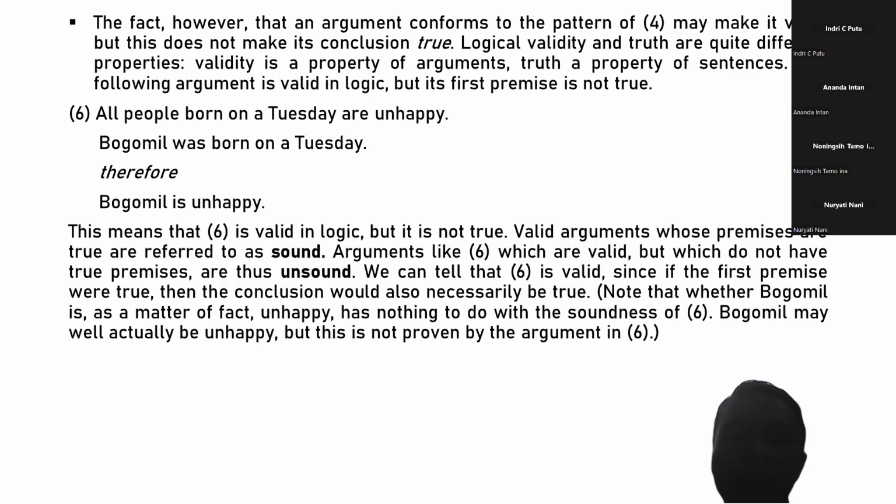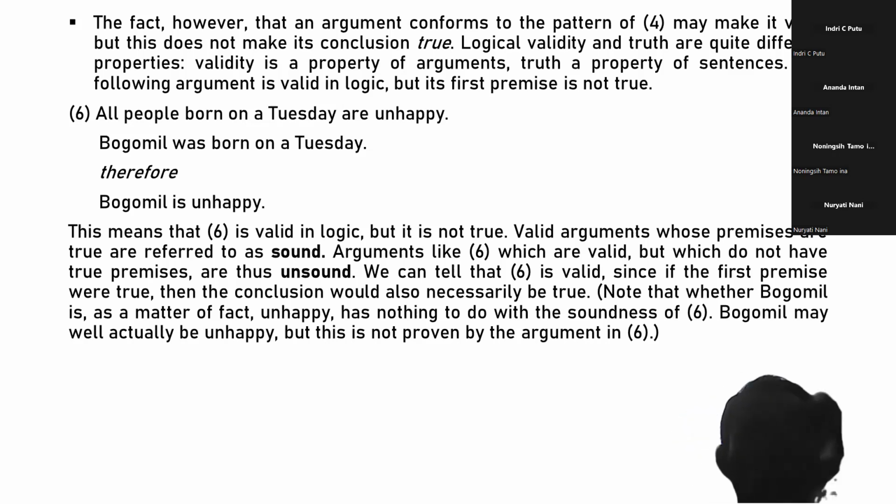Do you understand which one is valid and which one is true? Valid is a property of argument. Truth is a property of a sentence or sentences. So here you have to differentiate the meaning based on the argument and the meaning based on the sentence.